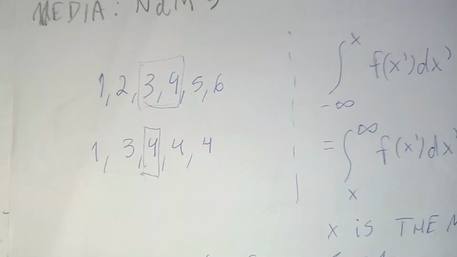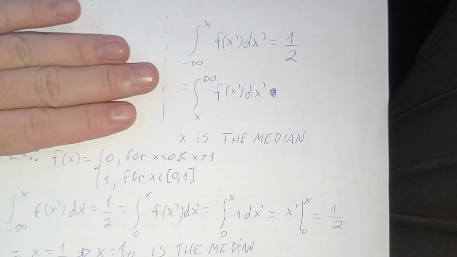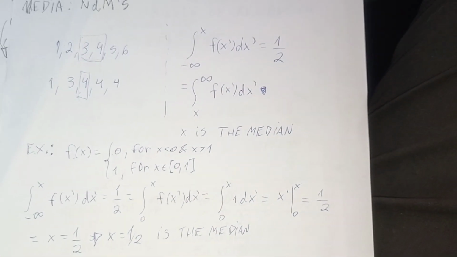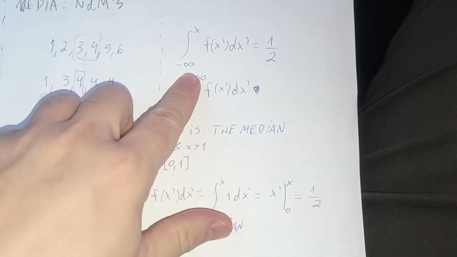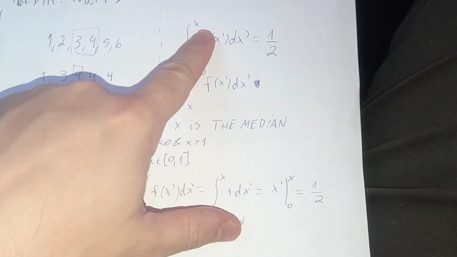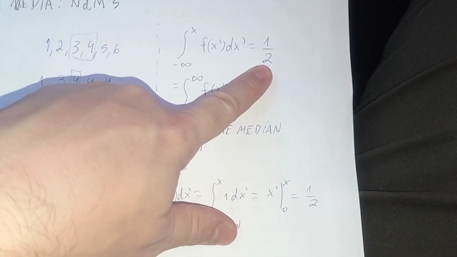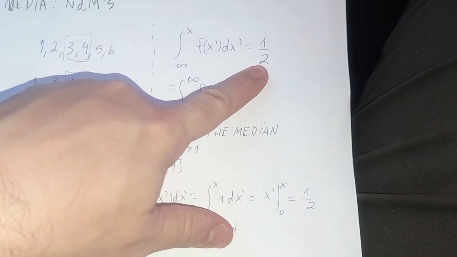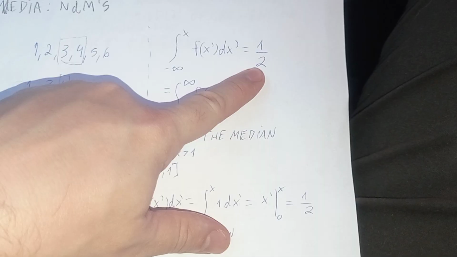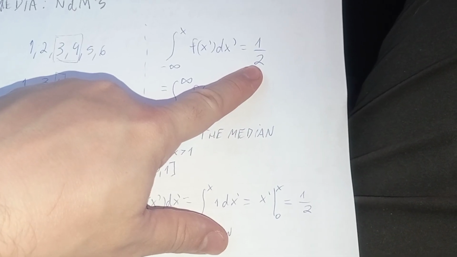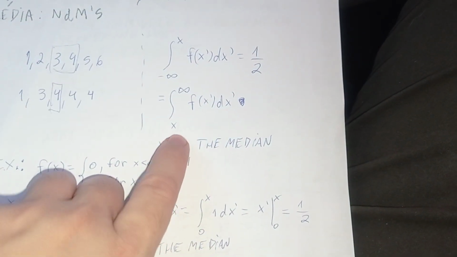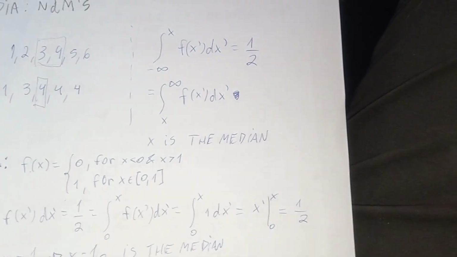This is in the discrete realm, and now we'll go to the continuous realm. If your distribution is continuous, you're going to have to integrate from minus infinity to a certain x in such a way that you have half of the probability distribution integrated. And you can do that from x to infinity too. It's the same thing.